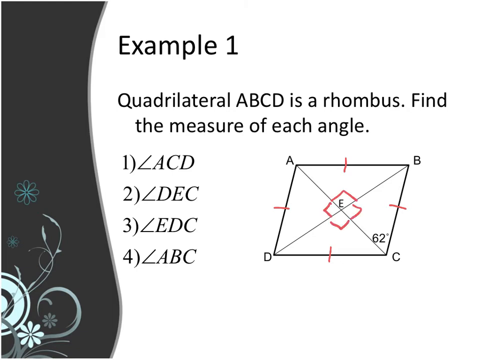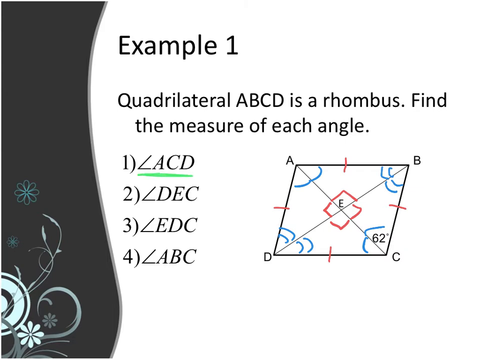And I also know that opposite angles have been bisected. So that's congruent to that, as well as this and this. So this is just filling in all of those theorems and corollaries that we just learned. So now that I've labeled my picture, now I can go back and find all these angle measures.